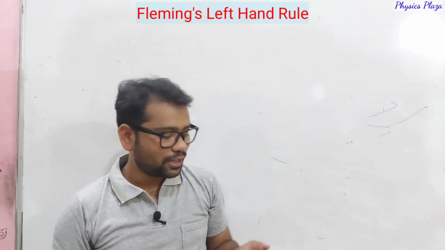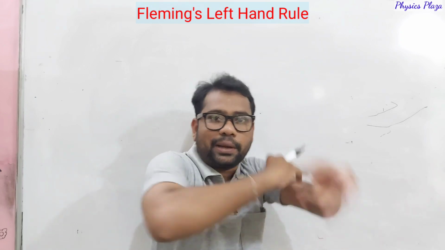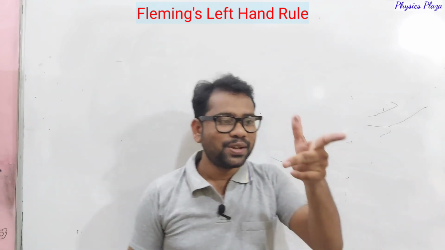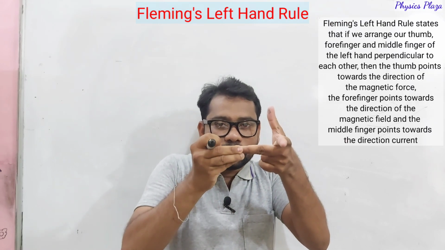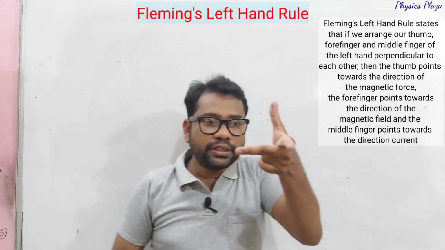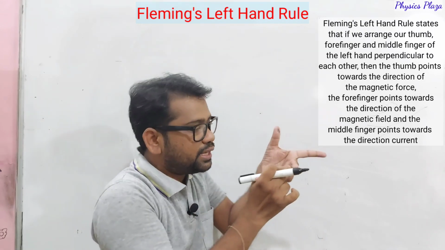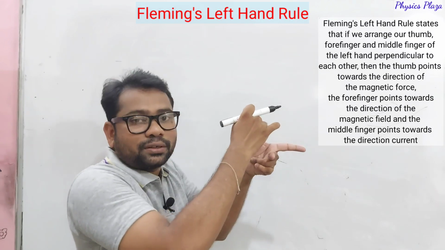So for this, children, take your left hand. Take does not mean completely removing it and taking it with your hand. It's not that. So take your left hand such that, look here, the central finger, forefinger and thumb are arranged mutually perpendicular to each other.